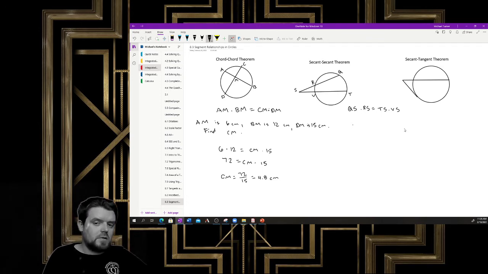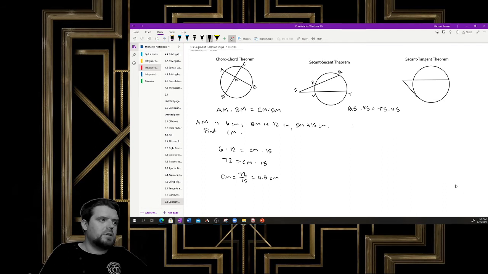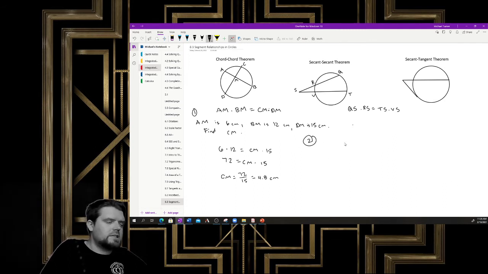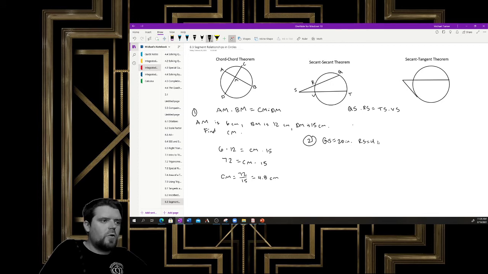So same thing, if I tell you 3, you should be able to tell me the 4th. So in this example here, for secant-secant, I'd go through and say QS is 20 inches, RS is 4 inches, VS is 5 inches, find VT. Well, I could ask you to find VT, but let's say I ask you to find TS.